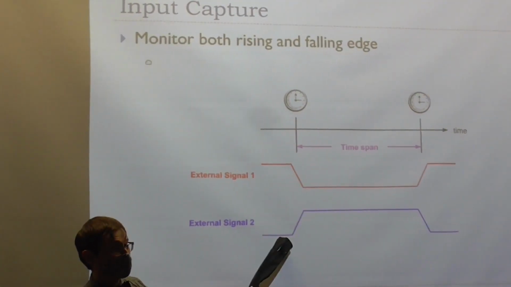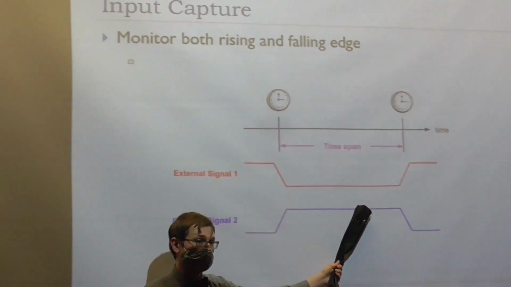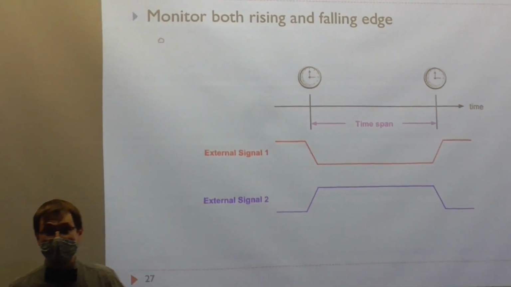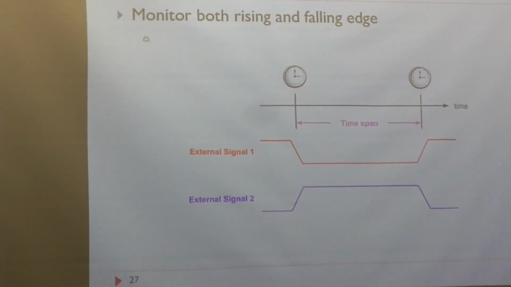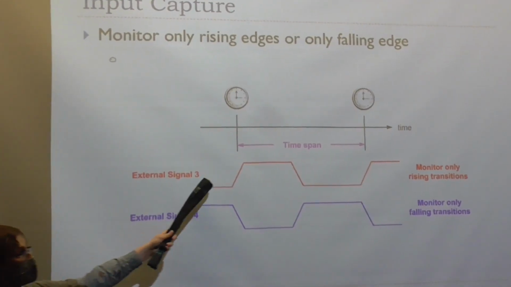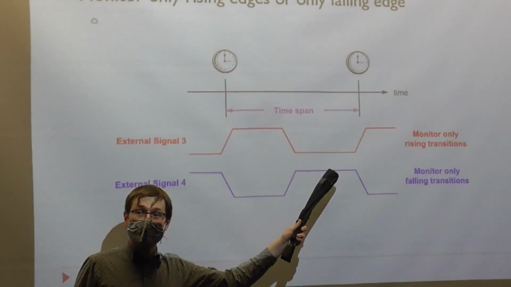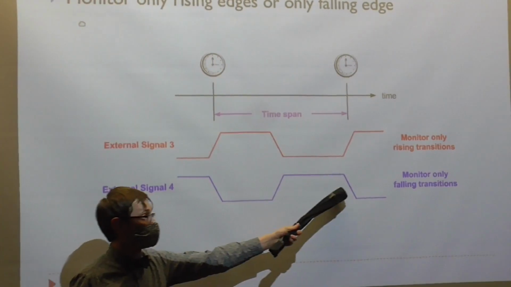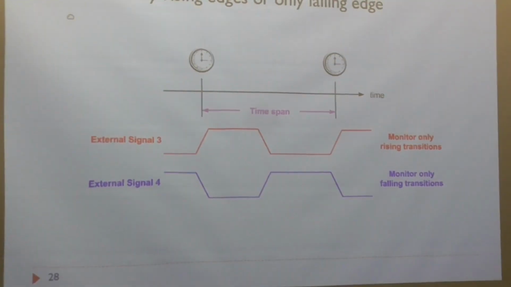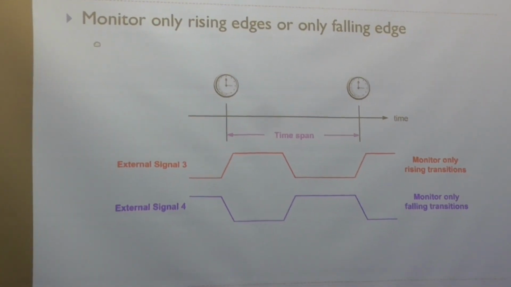You can also do the inverse of that, time from a rising edge to a falling edge. These are both very important things to be able to do. You can also measure from one rising edge to the next, and from one falling edge to the next, right? You probably could have pieced together that those are things that you could do.